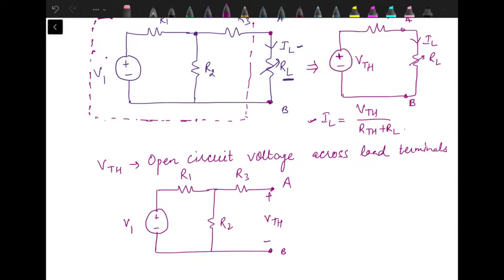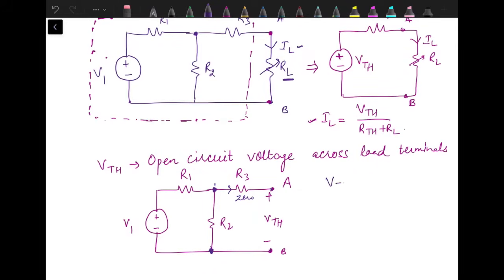Now particularly for this circuit, the current through R3 is 0 since these two terminals are open. So there is no voltage drop across R3. So whatever the voltage is across resistance R2, the same is the voltage between terminals A and B. So in this case we need to find out the voltage across resistance R2.